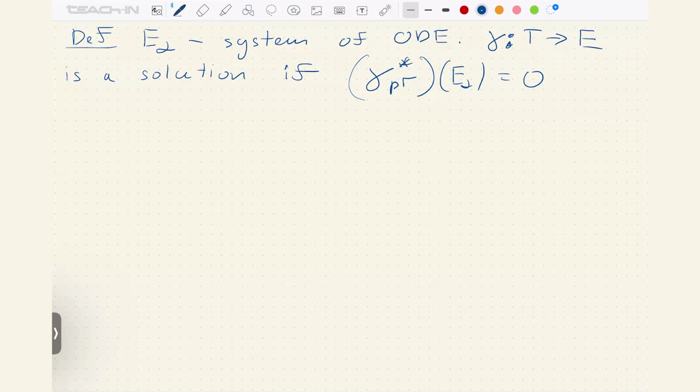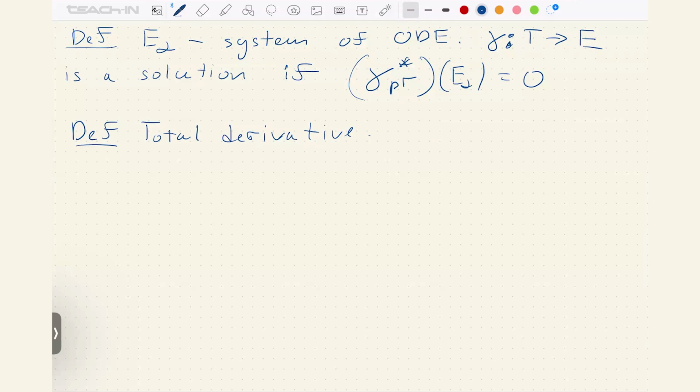So this is the definition of a solution, and the next thing we have on this jet bundle is the total derivative. Let me just define it in coordinates, although it can be done invariantly as well. Total derivative. So what is this?